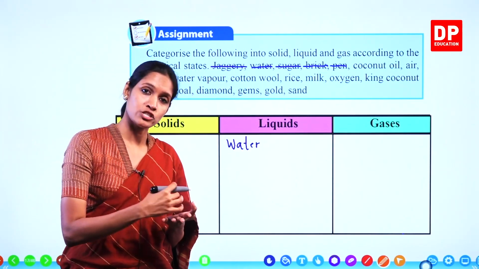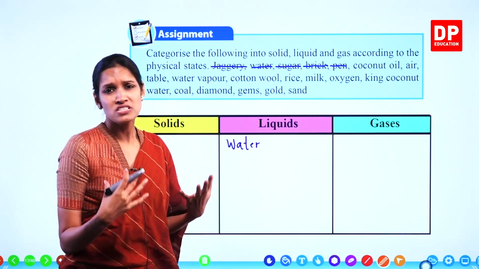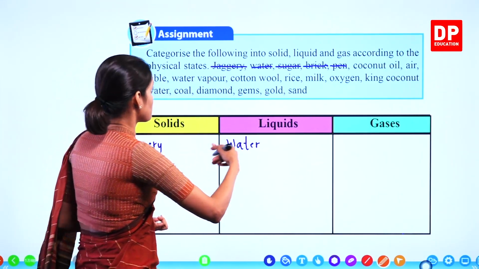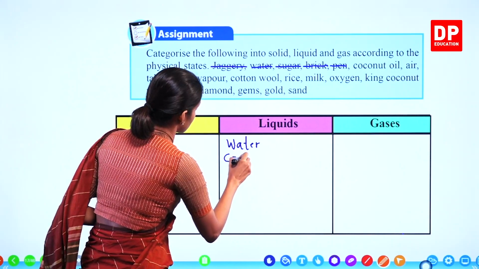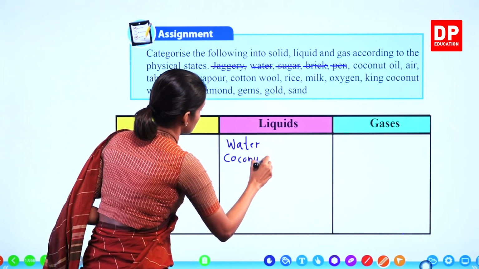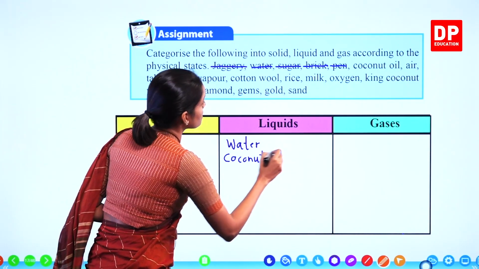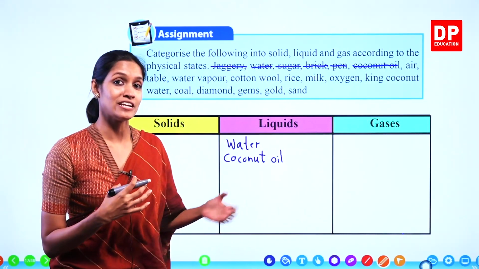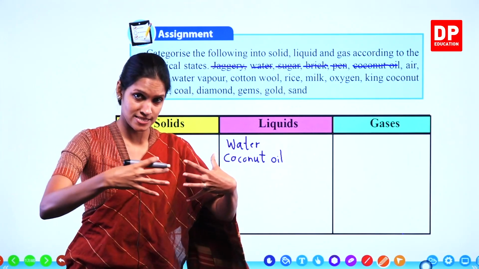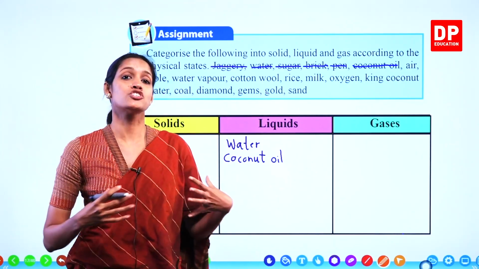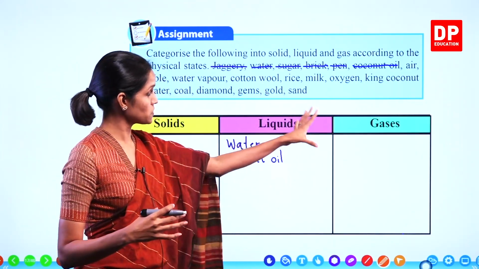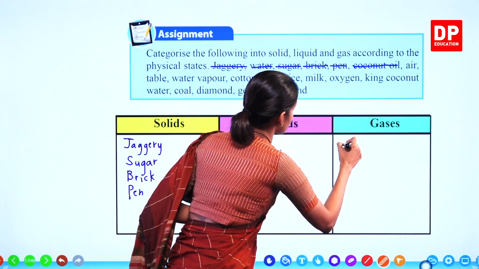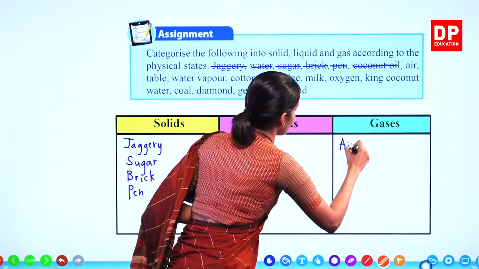Kerosene oil, coconut oil, soya oil, those things are coming under liquids. And then air. Air is coming under gases. It's a mixture of gas, right? Air is a mixture of different gases. Therefore, it goes under gases.